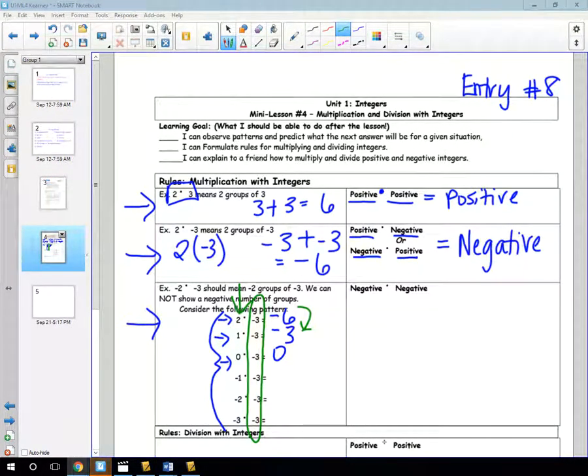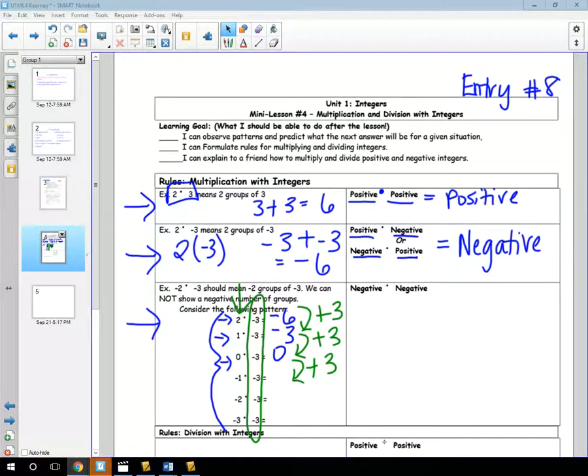How is your answer changing? That's right, it's getting less negative. It's going towards 0, so that means it's increasing by 3. Okay, so then if we go to the next one, how are you getting from -3 to 0? You're increasing by 3. So if we continue this pattern down to the next thing, what do you think I'm going to increase by? 3.